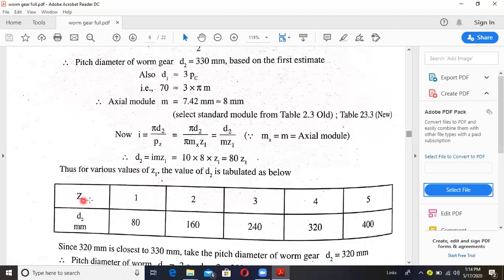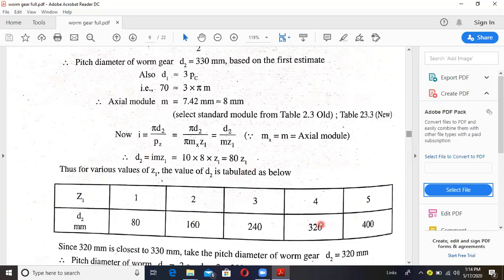Now take Z1 is equal to 2 threads. Then again calculate D2: 80 into 2, 160. D2 is equal to 160. Take 3: 80 into 3, 240. D2 is equal to 240. Again 4: 80 into 4, 320. 5: 80 into 5, 400.